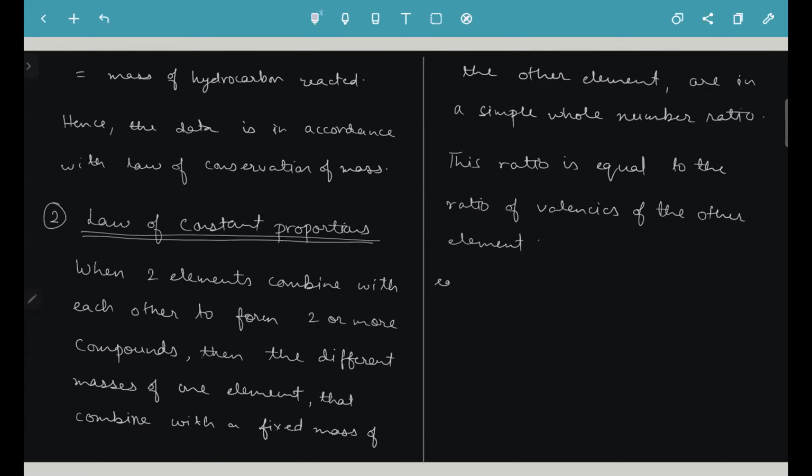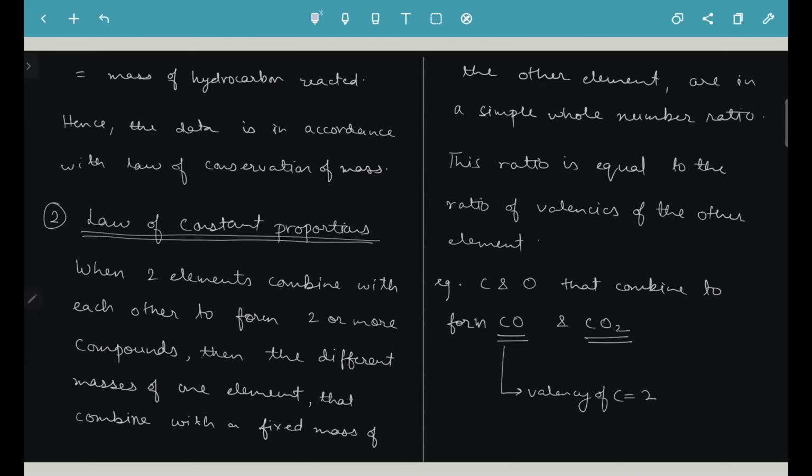Let's take an example of carbon and oxygen that combine to form carbon monoxide and carbon dioxide. Two elements combining to form two or more than two compounds. The two compounds here are carbon monoxide and carbon dioxide. In carbon monoxide, the valency of carbon is 2.